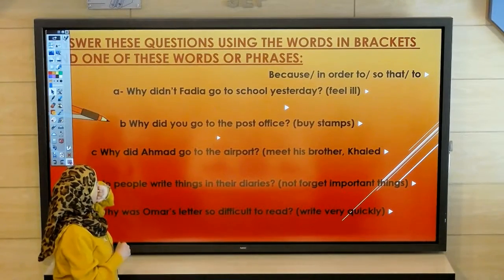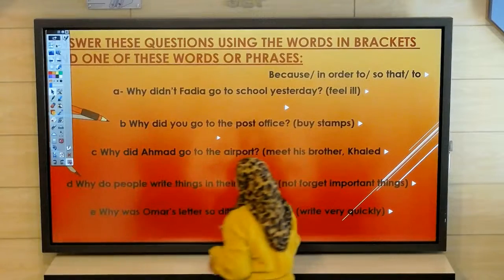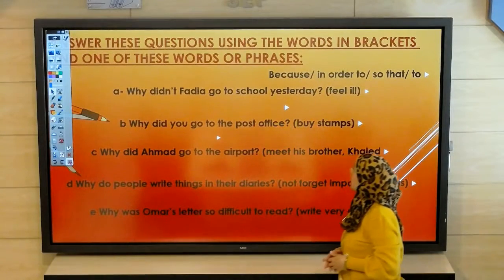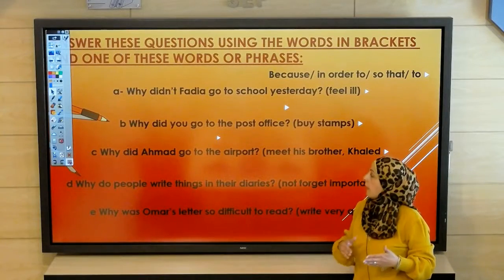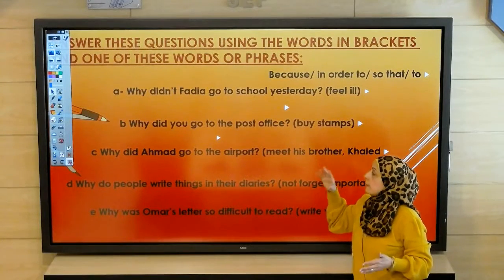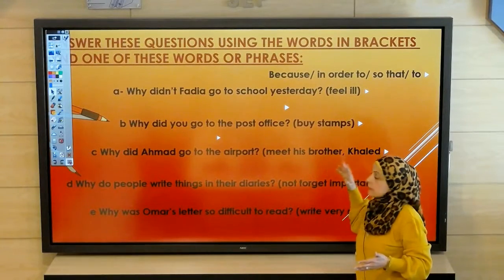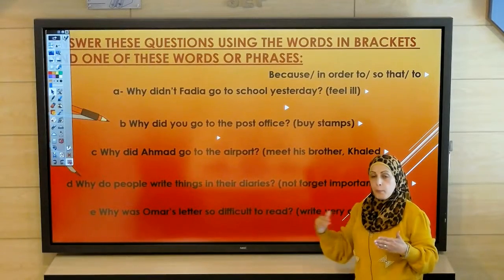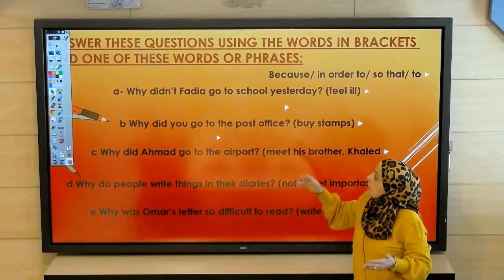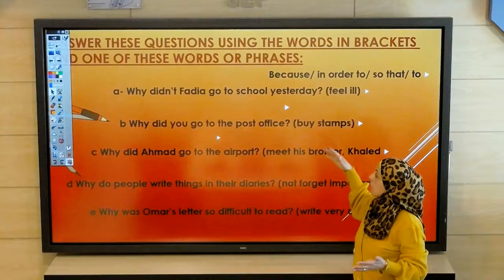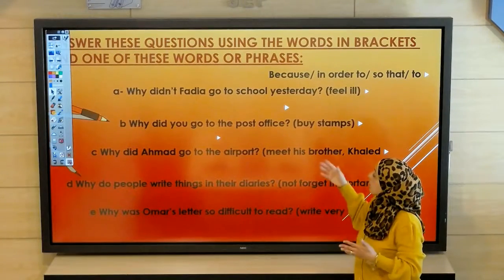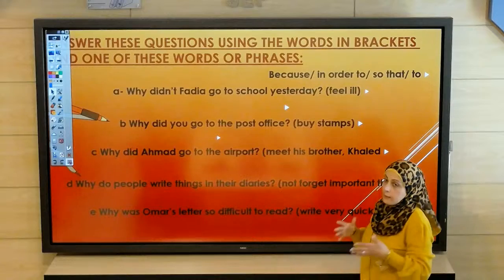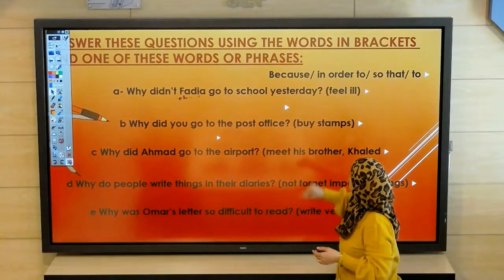Notice question A. Why didn't Fadia go to school yesterday? So if you have a sentence like Fadia didn't go to school yesterday, how can you complete the sentence? What is the suitable answer? Let's see.